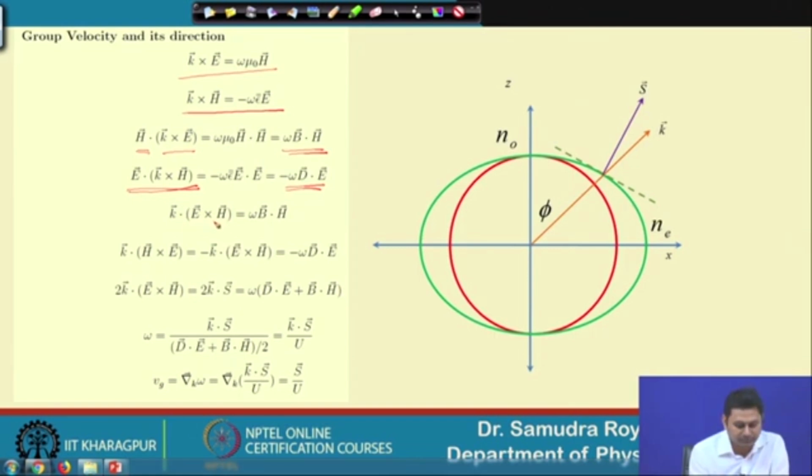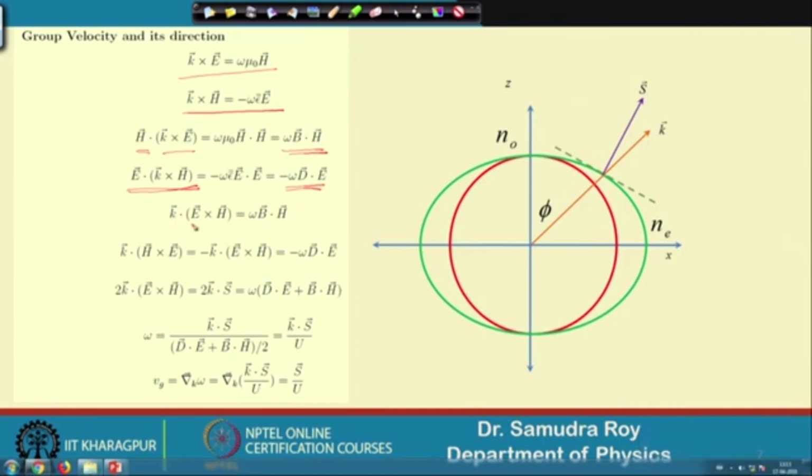So, k dot E cross H is something that we want to find out. E cross H is nothing but the vector S. So, we know that the S vector is E cross H. This is my definition of the Poynting vector.